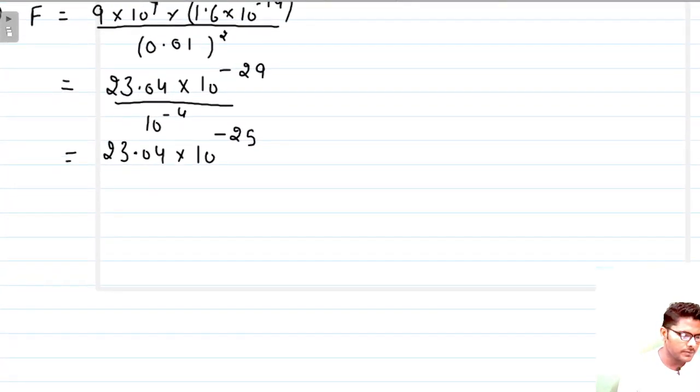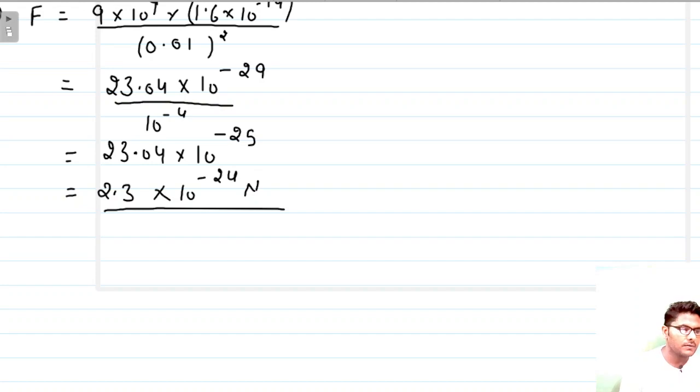So the minimum force possible is 2.3 into 10 raised to the power minus 24 newtons. Okay. So moving on to the next question.